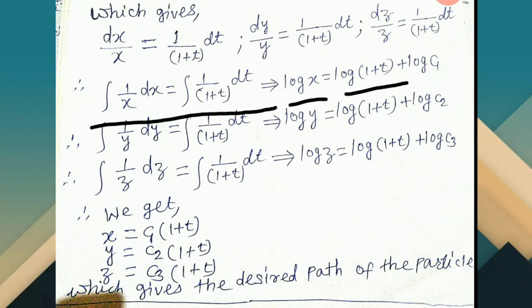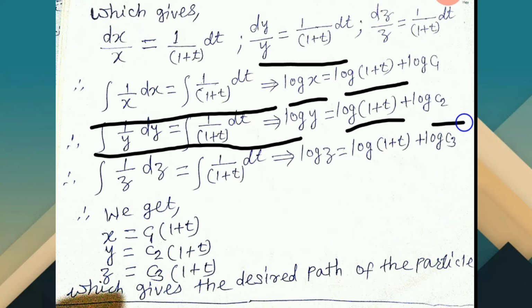Similarly, integration of dy upon y is equal to integration of 1 upon 1 plus t dt. So what do we get? Integration of 1 upon y dy is equal to log of y, and integration of 1 upon 1 plus t dt is log 1 plus t plus integration constant c2.